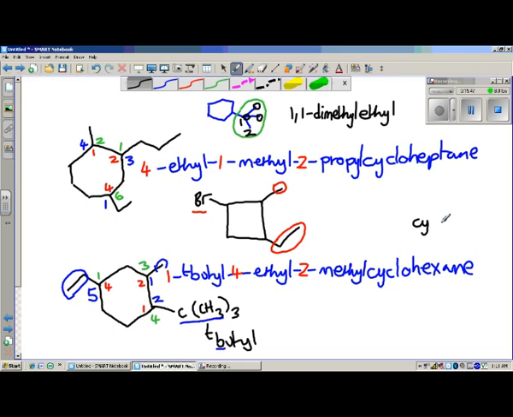Apologies in advance. Cyclobutane. So first we would have bromo, and then we would have ethyl, and then methyl. Like I said, apologies for the messy looking thing here.